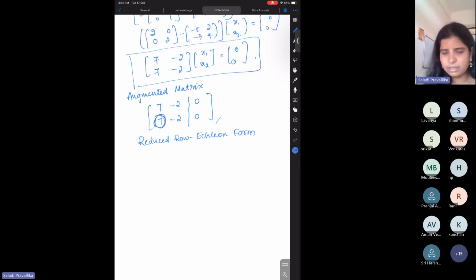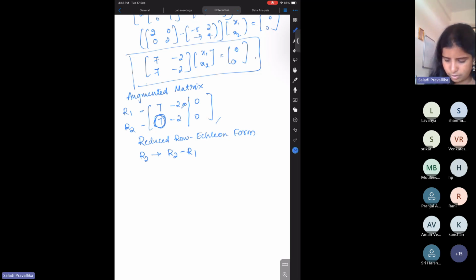Right? So looking at this, it is very clear that this value and this value are both the same. So this is my row 1 and this is my row 2. I can convert R2 as R2 minus R1.